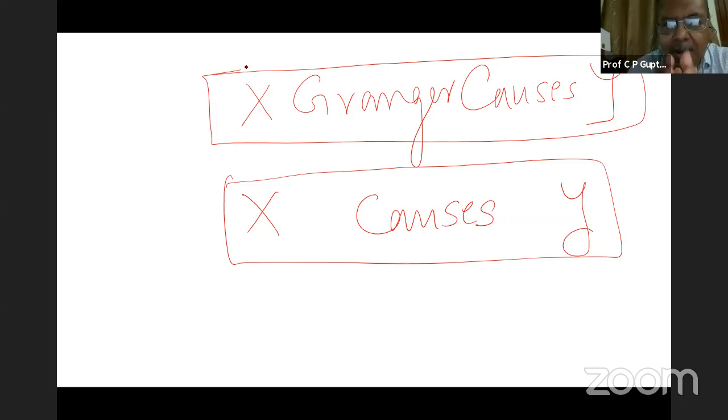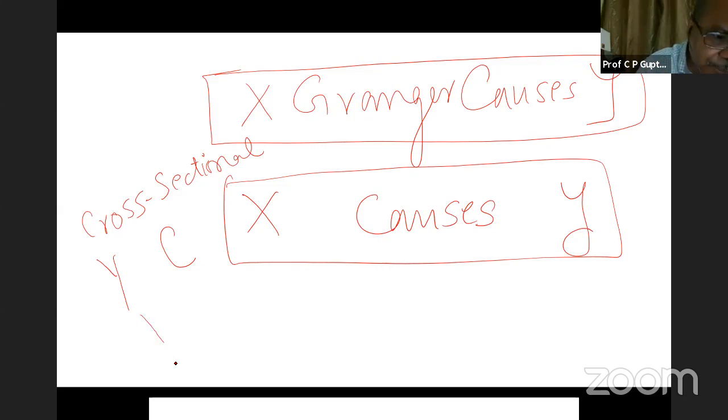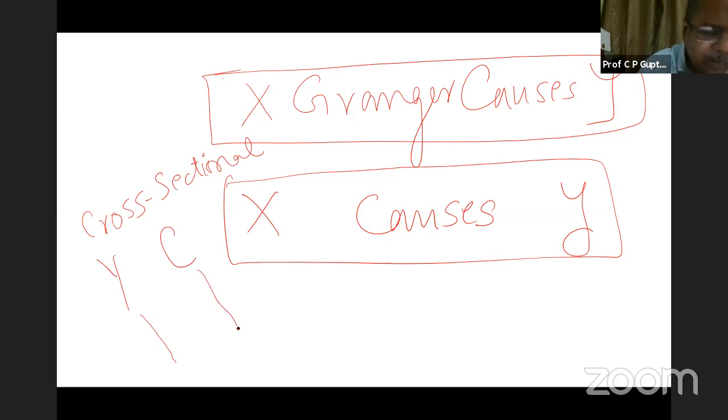Let me take an example. Suppose I have taken cross-sectional data of income of the people and consumption of the people. Same period, same point of time. So I get income, I get consumption, and we find that consumption is a function of income.